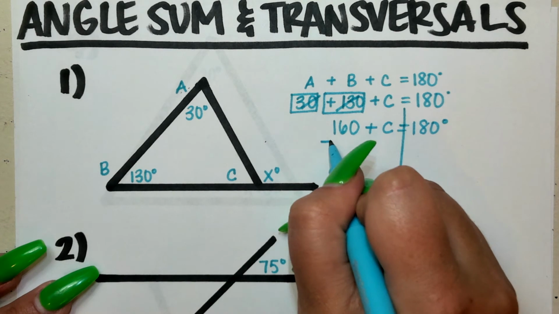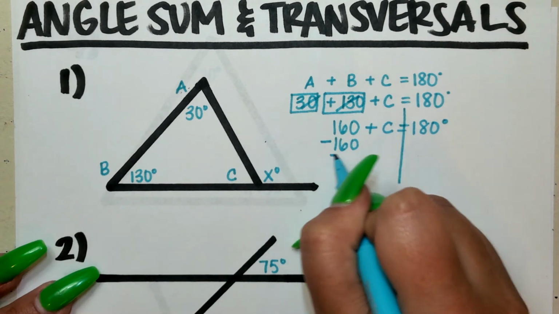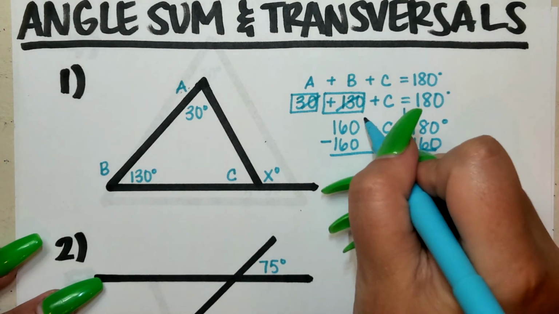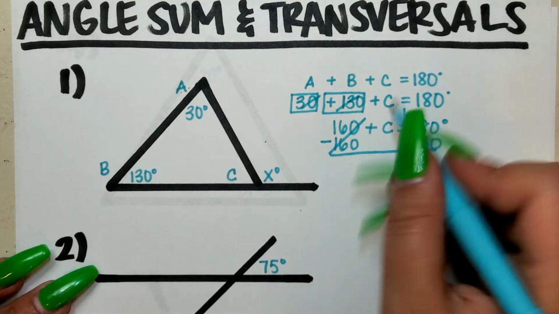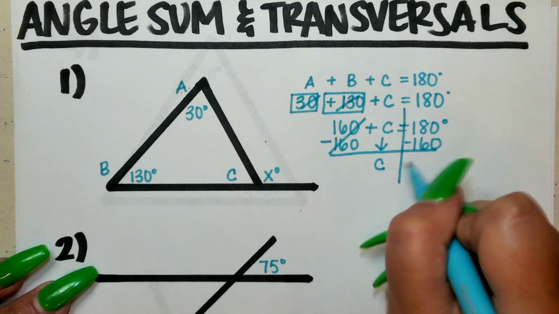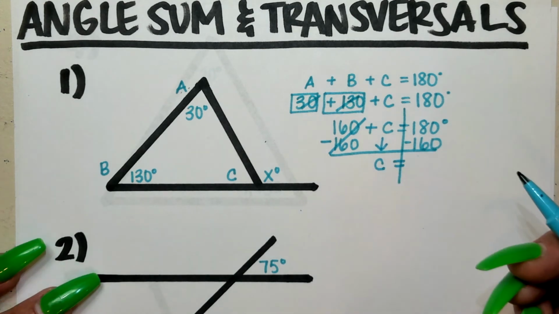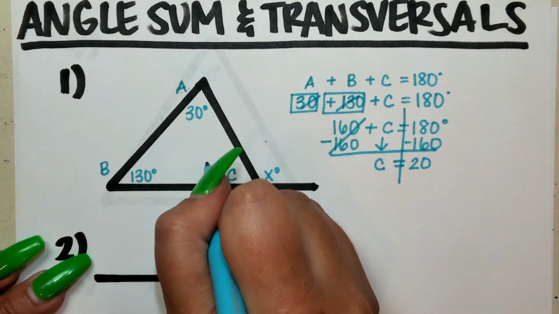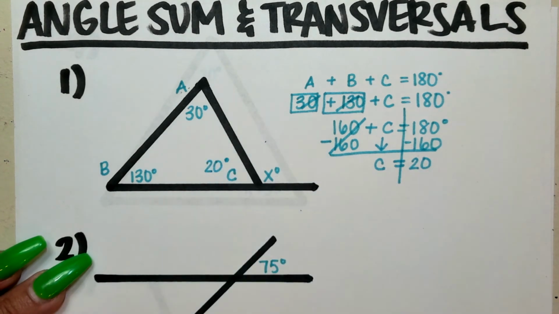Now I want to subtract 160 on both sides. My 160 will cancel. I'm going to bring down the C, and then 180 minus 160 is 20. So my C is 20 degrees.